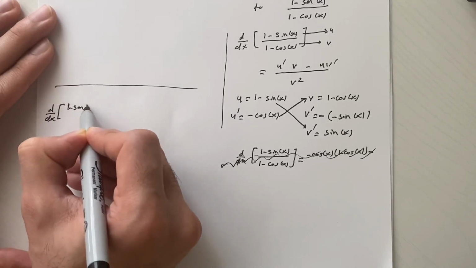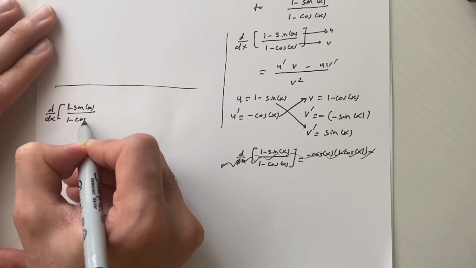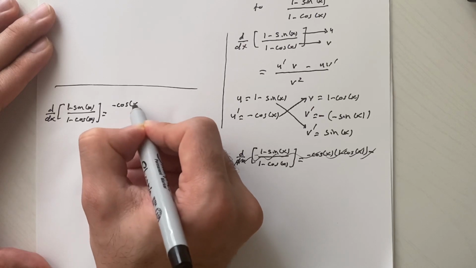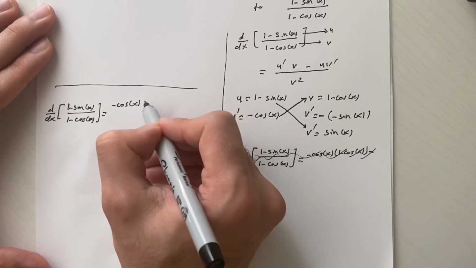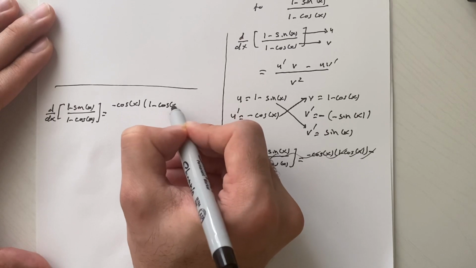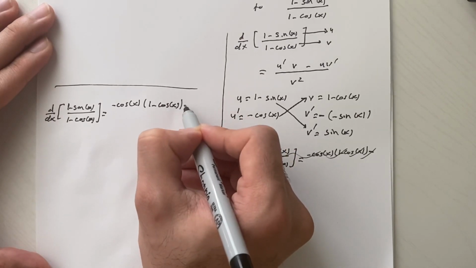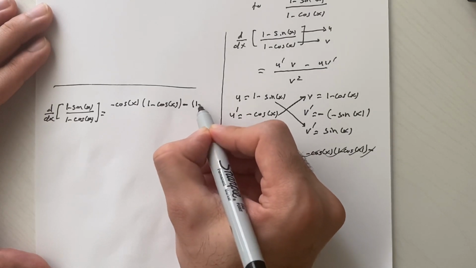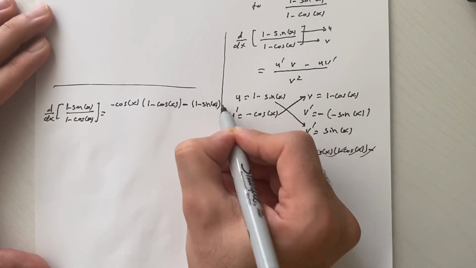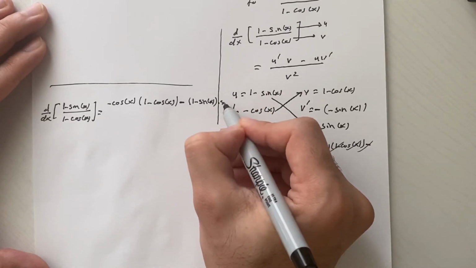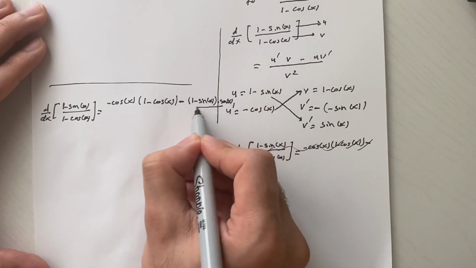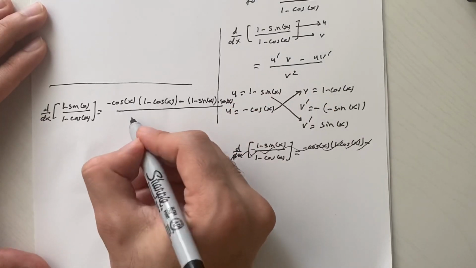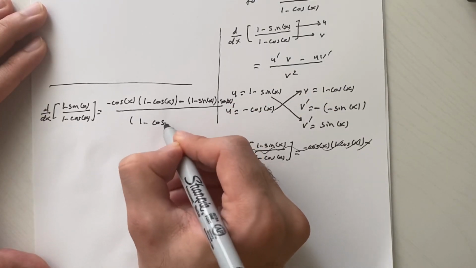So d dx of 1 minus sine of x over 1 minus cosine of x is minus cosine of x multiplied by v, which is 1 minus cosine of x, and then minus u, which is 1 minus sine of x, multiplied by v prime, which is sine of x, and then all over v squared, which is 1 minus cosine of x squared.